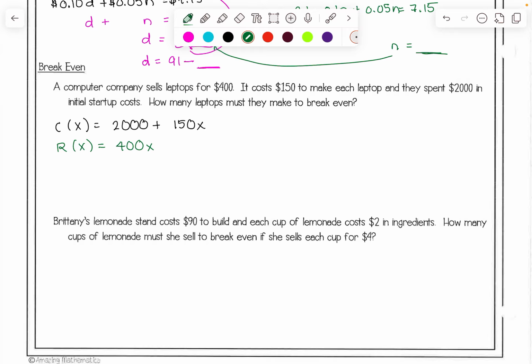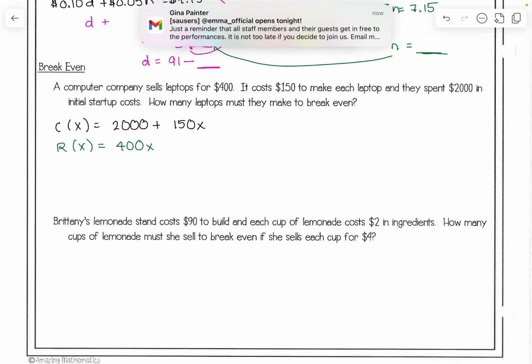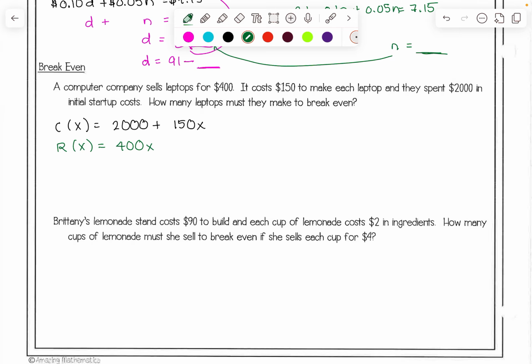So now that you have these two expressions, we're going to set them equal to each other. The purpose of setting them equal to each other is that it's a break-even problem. Breaking even, you want to think setting equal to.